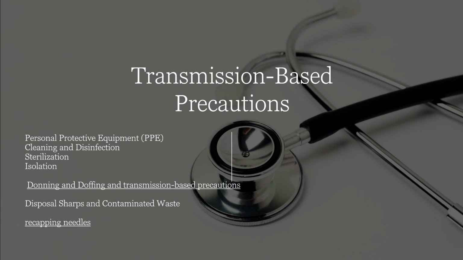And so it's easier to inhale and get those into the next host. You have to wear special mask for that. You have to wear that N95 particulate mask for those, or even a respirator. You also may have to put that person in a negative pressure room. So these are different types of isolation for different types of disease process.